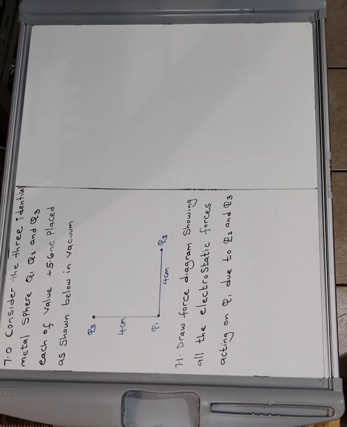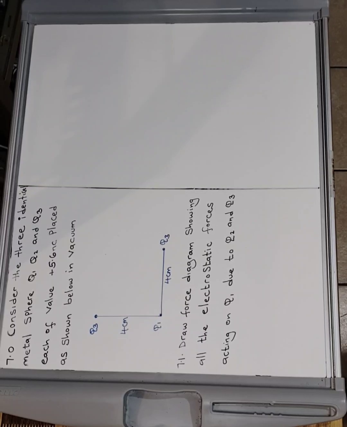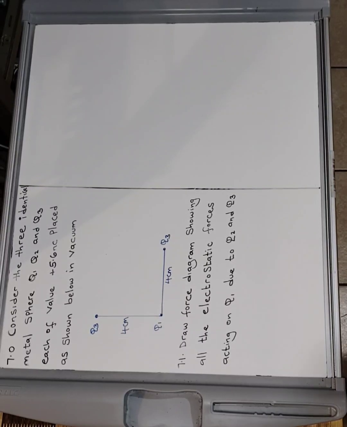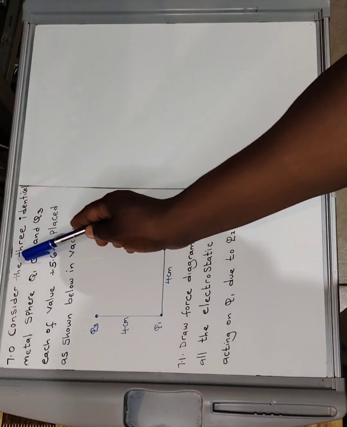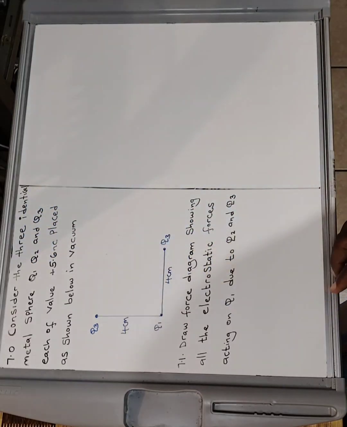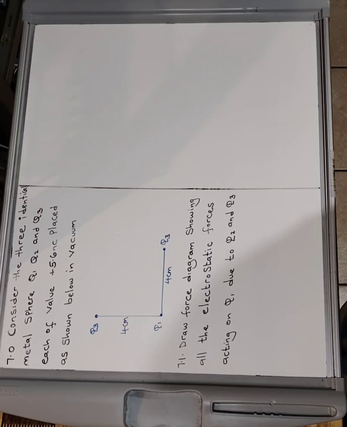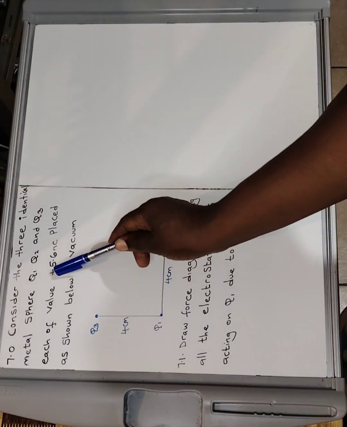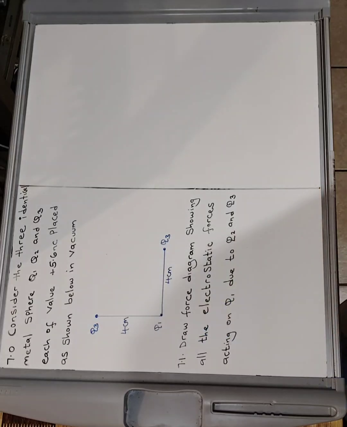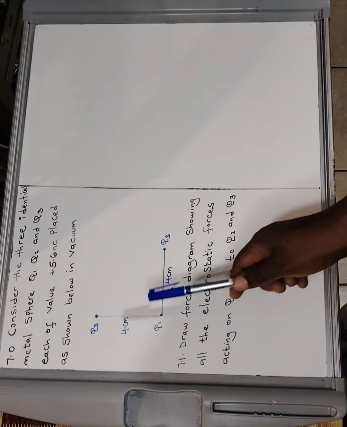Today we are going to look at this question. It comes from Electrostatics. Let us analyze it. It says that consider three identical metal spheres, Q1, Q2, and Q3, each of value plus 5.6 nanocoulomb, placed as shown in the vacuum.